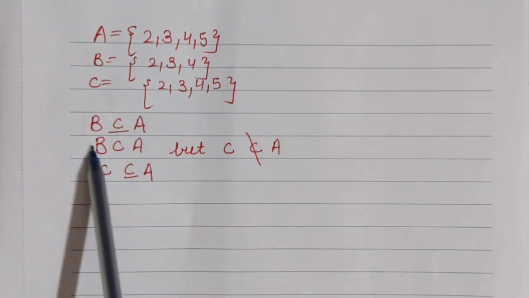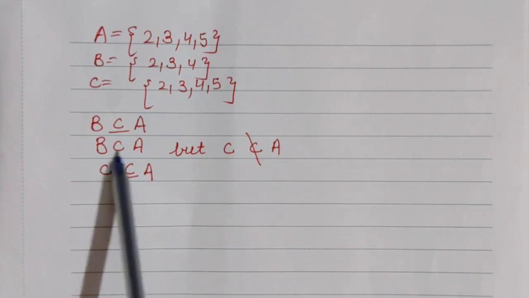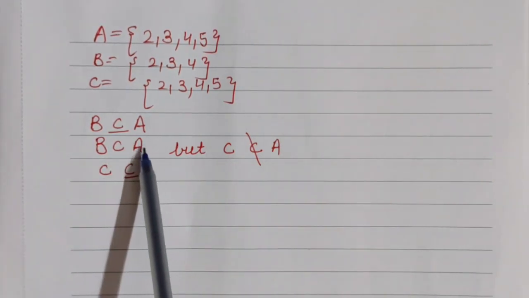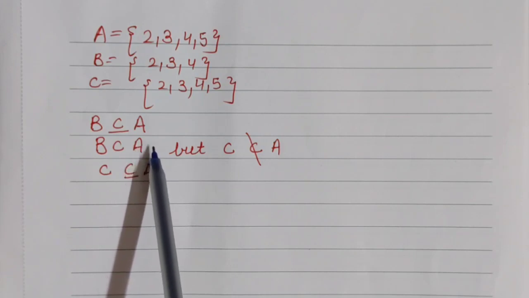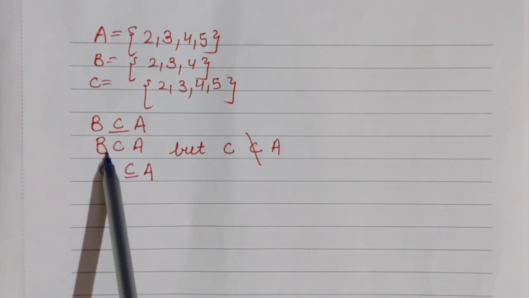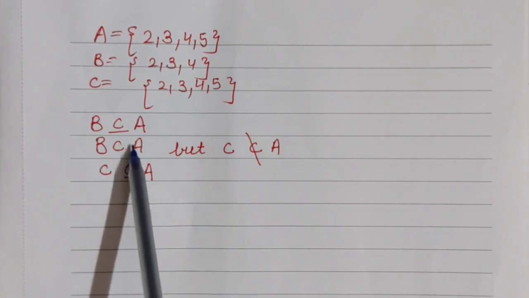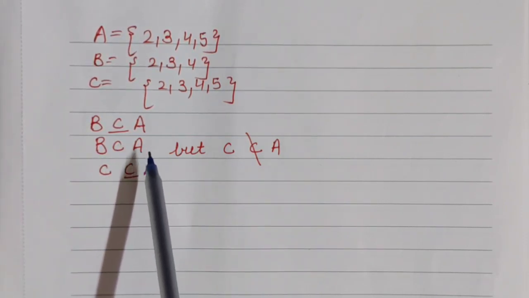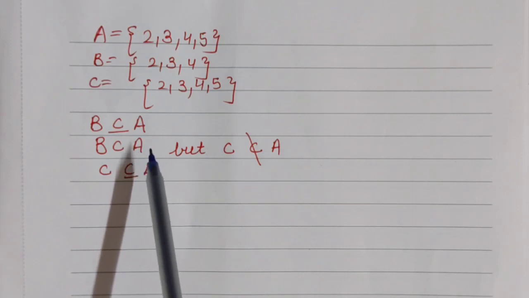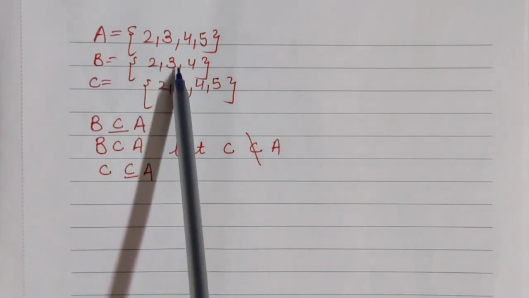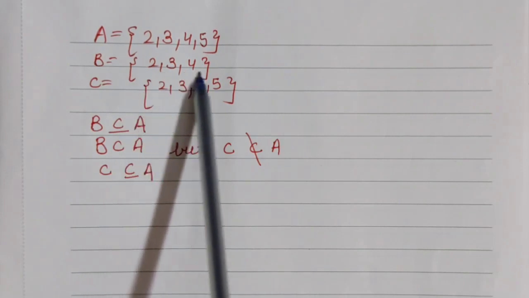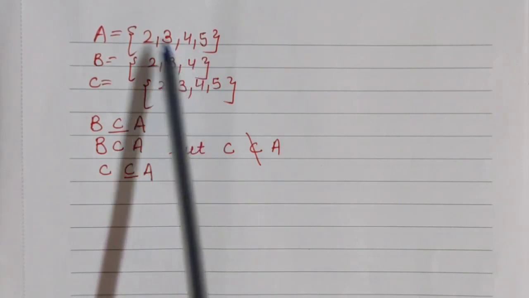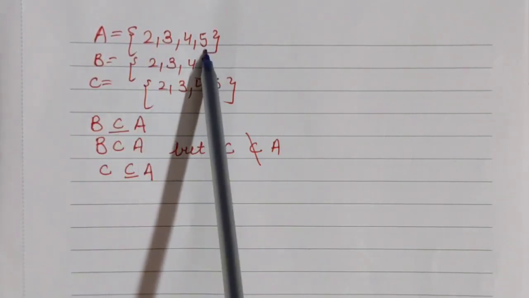But I can also say that B is the proper subset of set A. It means according to the definition of proper subset, every element of B must be contained by set A and A should have more elements than B is containing. Like here I am watching in B, how many elements are there? Only 3. But in A, how many elements are there? 4.